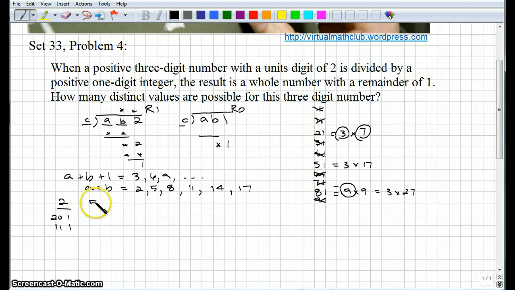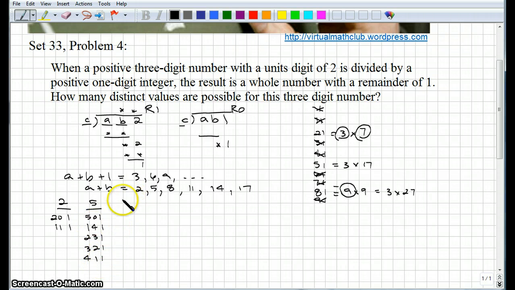If the first two digits add to 5, then we could have 501, we could have 141, 231, 321. We could have 411, and that's pretty much it because we already have 501.